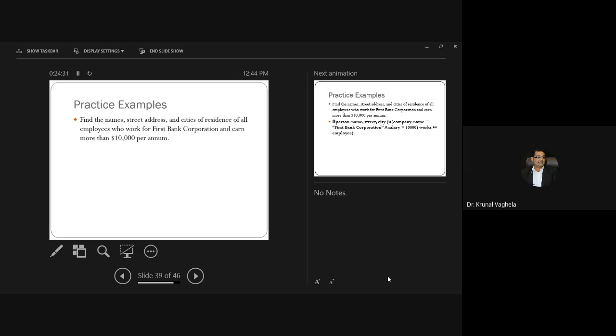Find the name, street address, and cities of all the residents of all the employees who work for First Bank Corporation and earn more than $10,000 per annum. This is a little bit tricky.